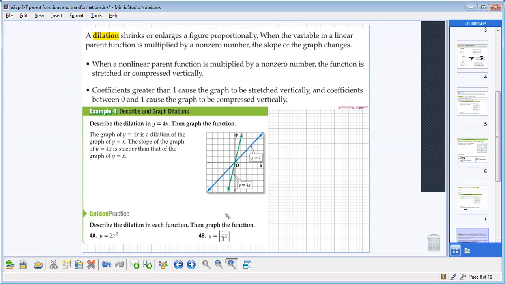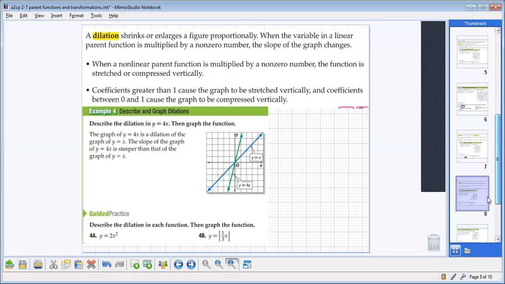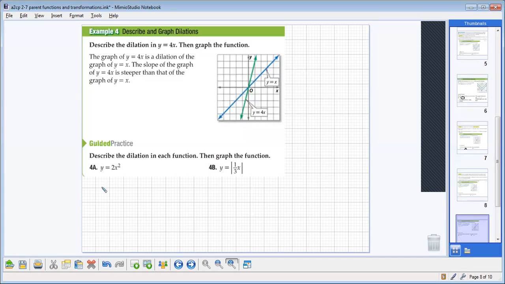So here's a dilation here. In the dilation, what do we have? Well, this right here would be a vertical stretch, and it's going to make the function more narrow. So if I would have a parent function, then this function is just going to be more narrow than that.